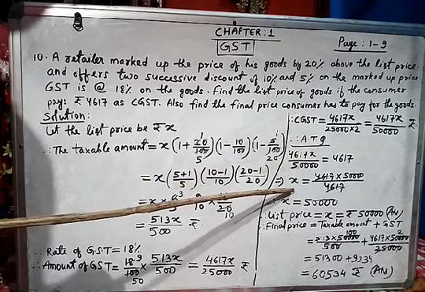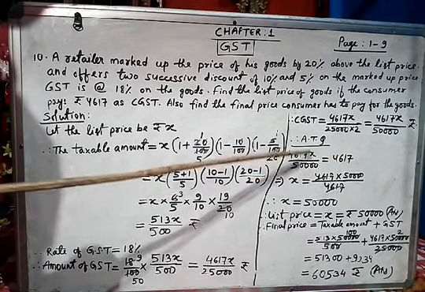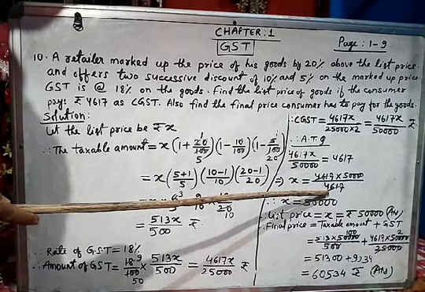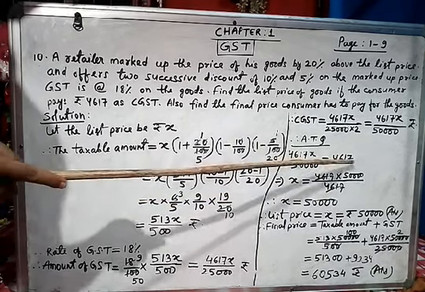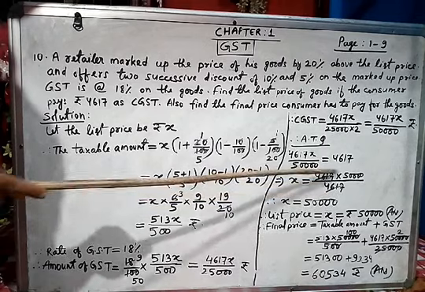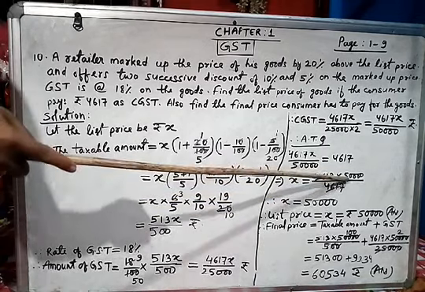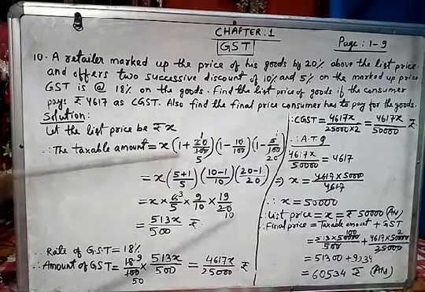Now if I make X alone, 50,000 goes and multiplies up, and 4,617 comes down and divides. One good thing about this question is that this 4,617 and the other 4,617 are the same, so we cancel them. Then only 50,000 remains. So the value of X is 50,000.